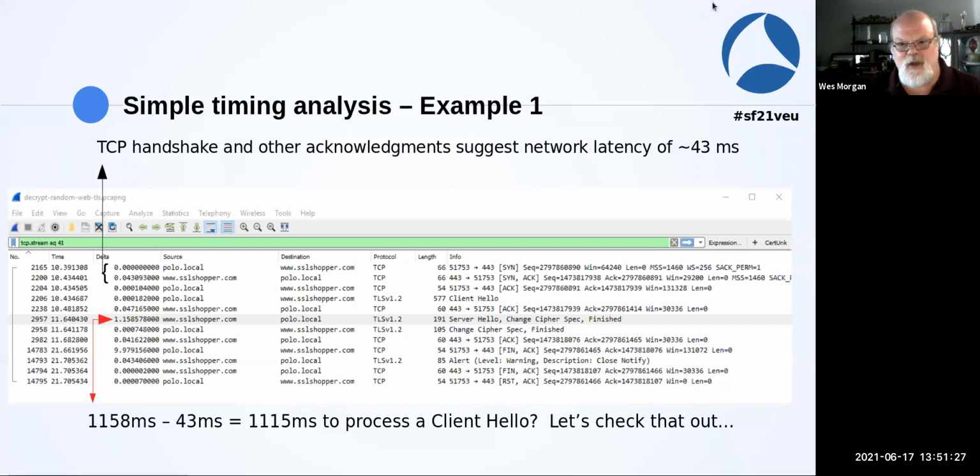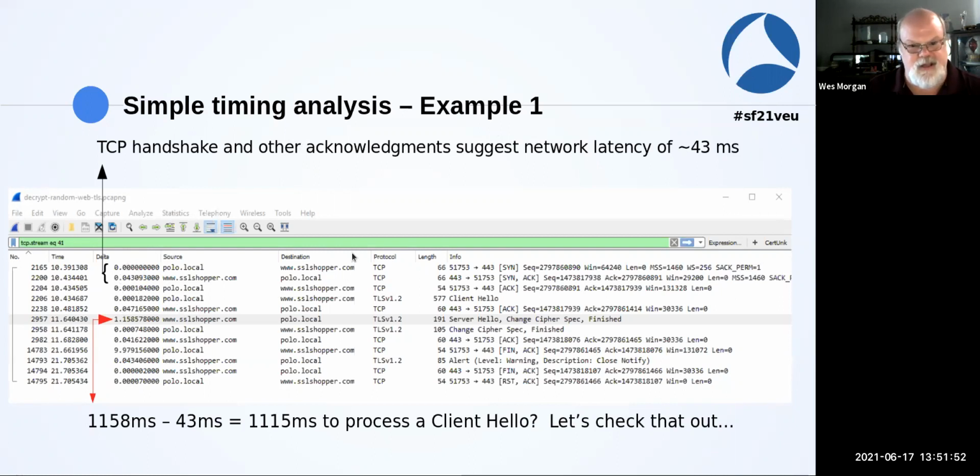Now, if we look at the time delta in the third column, this is just a simple TLS transaction. And we look at the handshake, we look at acknowledgements within the conversation. They suggest a network latency of about 43 milliseconds, right?